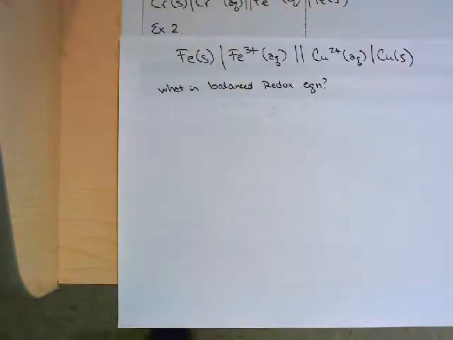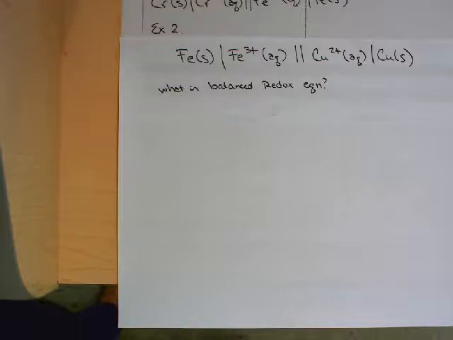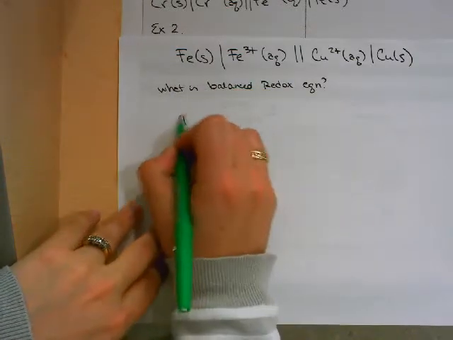Question is, what's the balanced redox equation that makes this cell up? Alright, so what is a good way to kind of get this started? Any suggestions? We could do it by 2 half reactions. I think that's easiest, and then recombine them. Right? So let's look at the anode half reaction.